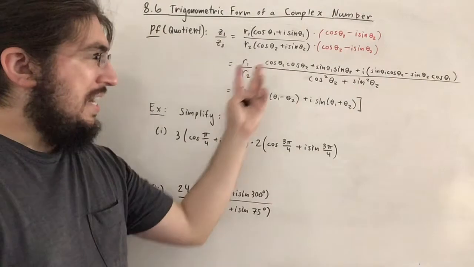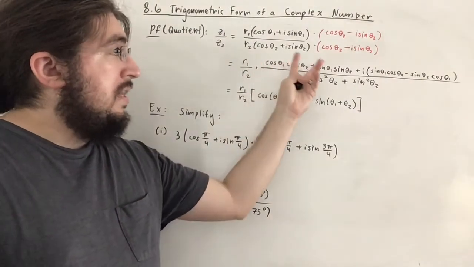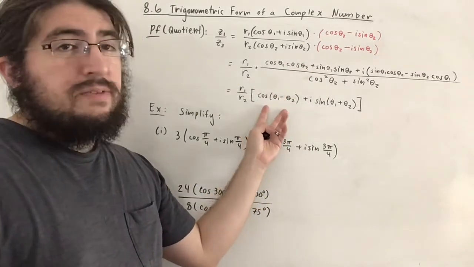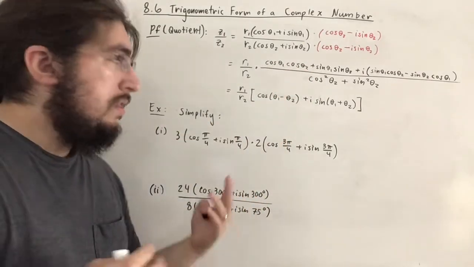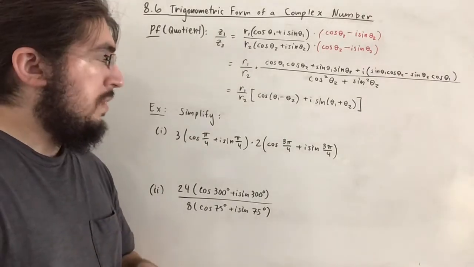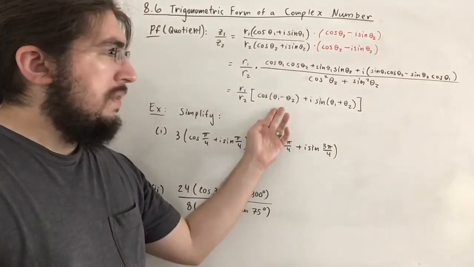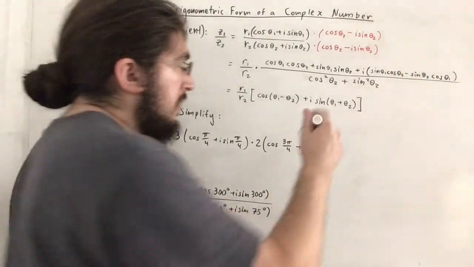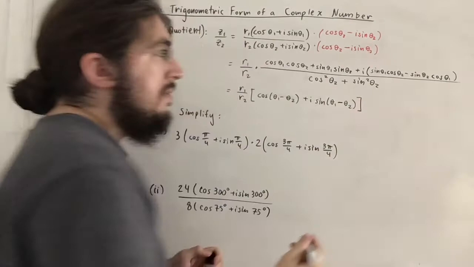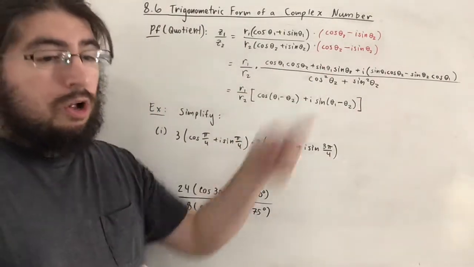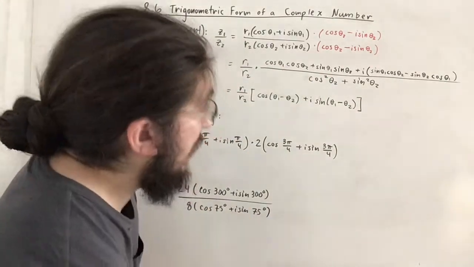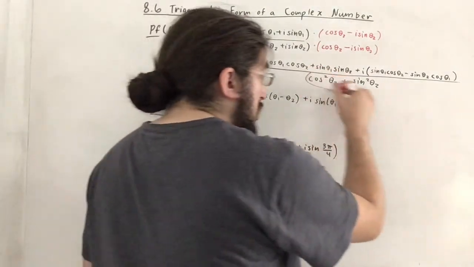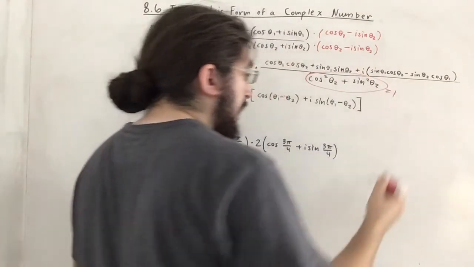It's up to you to figure out that the first two terms, the real part, is cosine of the difference of those two angles, from the difference formula for cosine. Similarly here, this will actually be the difference formula for sine, my mistake. And what you should notice is in the bottom, we end up getting cosine squared plus sine squared of theta 2, which is always equal to 1 by the Pythagorean identity.